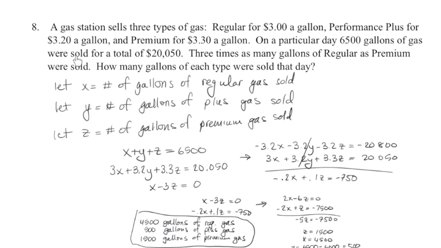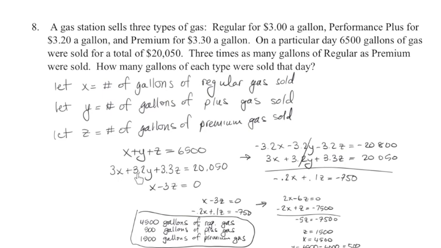Now the next piece of information is that the total amount sold that day is $20,050. So to figure out the equation for that, it's $3 per gallon times the number of gallons of regular gas, add that to $3.20 times the number of gallons of plus gas, performance plus, and then $3.30 times the number of gallons of premium gas.